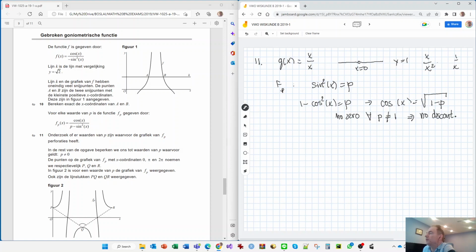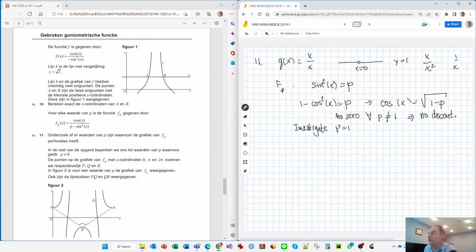But it could happen when p equals 1, because then both the numerator and denominator go to 0, but we have to investigate it. It doesn't mean necessarily it is a discontinuity, right? Like in this case here. So let's investigate p equal to 1.